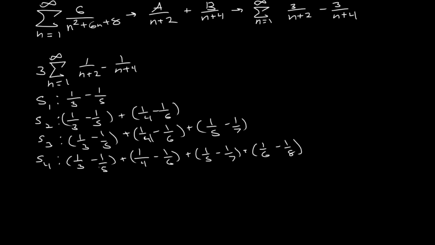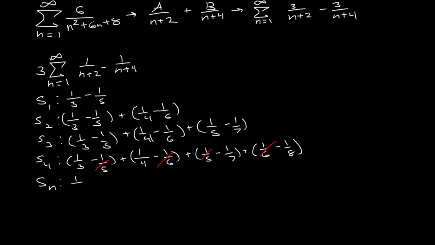We notice we have a -1/5 here, and we have a +1/5 there, so we can cancel these two. We have a -1/6 here, and we have a +1/6 here, and we can cancel those two out. So now that we've done that, we have our two constants, 1/3 and 1/4, and then we have the numbers that will change constantly.